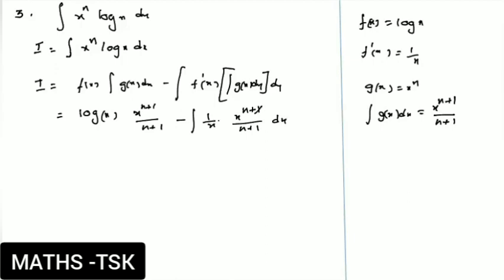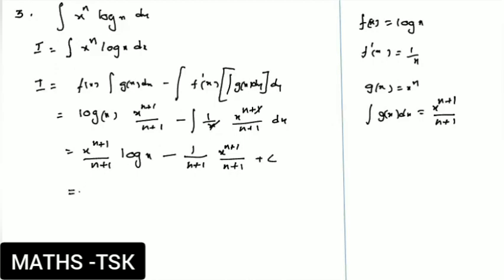X gets cancelled. So here we write the value x to the power of n plus 1 by n plus 1 log x minus 1 by n plus 1 taken out. The remaining part is integration of x power n into dx. Again integration of x power n is x power n plus 1 by n plus 1 plus c.